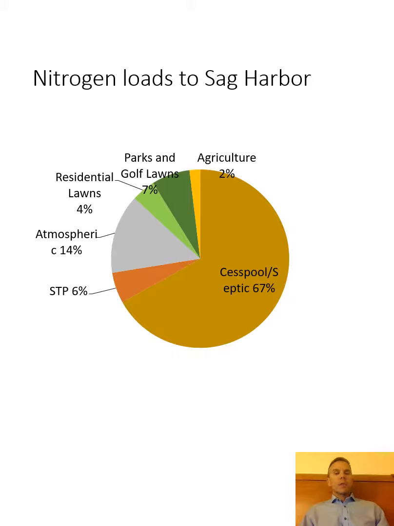And what it shows is that when you look at nitrogen loading from land to sea for the harbor, the large majority of that nitrogen is coming from cesspools and septic tanks, a small amount from the sewage treatment plant, and then you can see lawns and parks become important thereafter. Also the atmosphere. And I'll note for the sewage treatment plant, this is measuring the precise loading as quantified via both the volumetric load and the amount of nitrogen in the effluent.